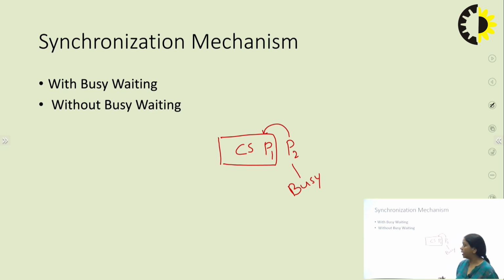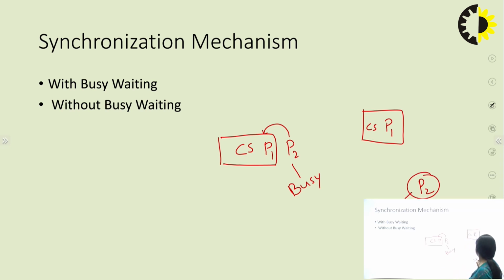Fine. And another is without busy waiting. In this case, what will happen is, if the critical section is occupied by P1, then P2 will not wait outside the critical section. It will go into sleep mode. When it goes into sleep mode, the CPU will not waste its time waiting, and it will be busy with another important task also.